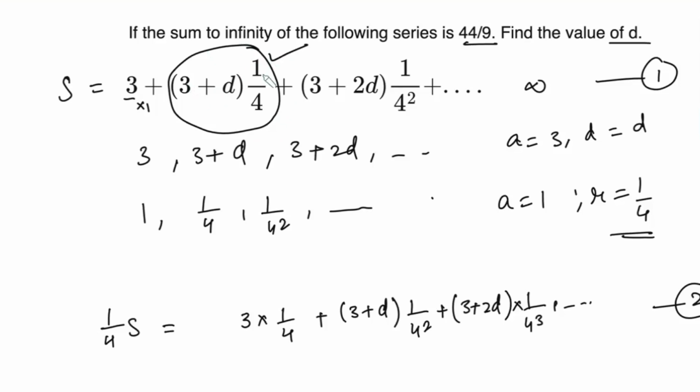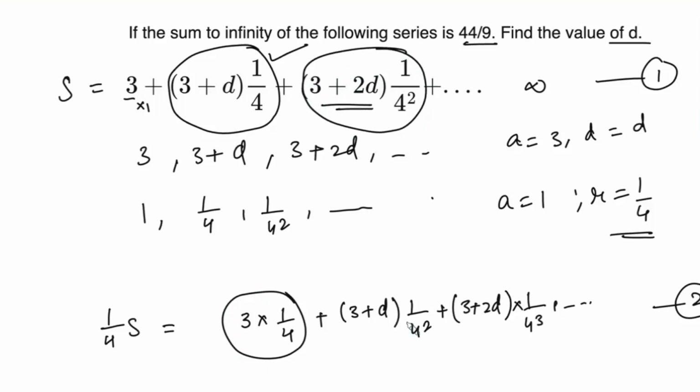If we subtract equation 2 from equation 1, we club the terms with the same GP parts. So 3 plus d times 1 over 4 minus 3 times 1 over 4. 3 plus 2d times 1 over 4 squared will be clubbed with 3 plus d times 1 over 4 squared. We keep the first term as it is, and the last term, if it is not up to infinity, as it is.